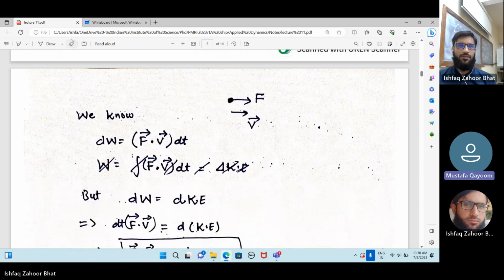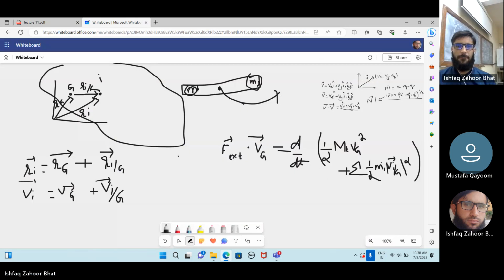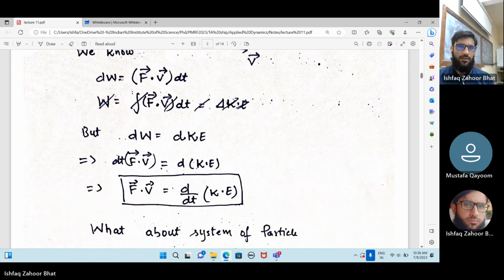I think it is power. I just want the mathematical expression. F into v is power of the system. Yes, you are correct in the sense that F dot v is d by dt of kinetic energy, and the rate of change of the kinetic energy is nothing but the power.